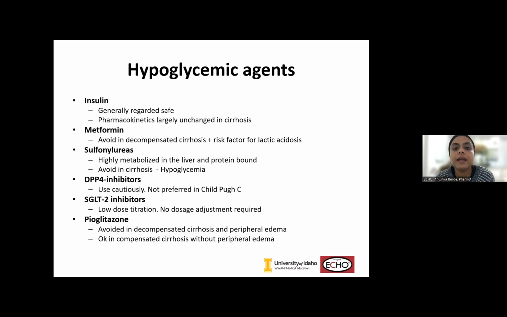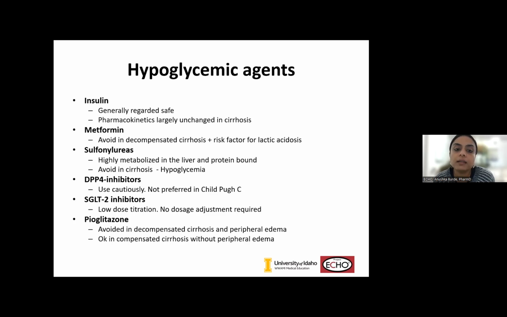And then at the very end, hypoglycemic agents. In general, I think most of them are pretty okay in liver disease. So insulin is generally considered safe. The pharmacokinetics are largely unchanged in the setting of cirrhosis.